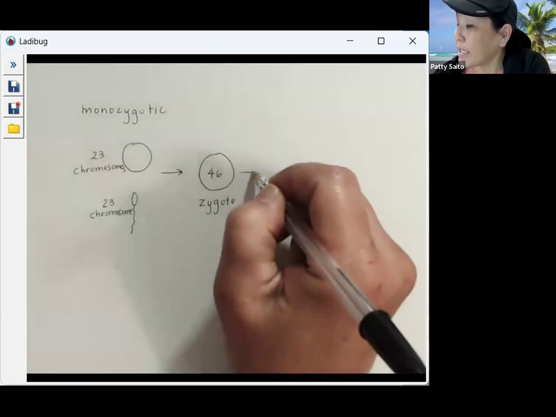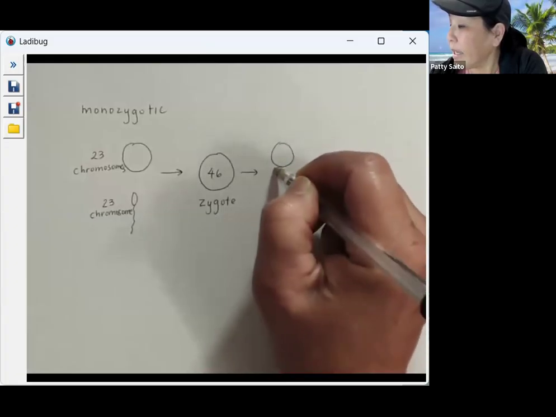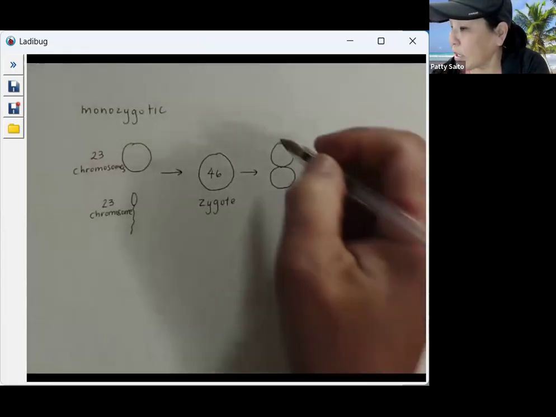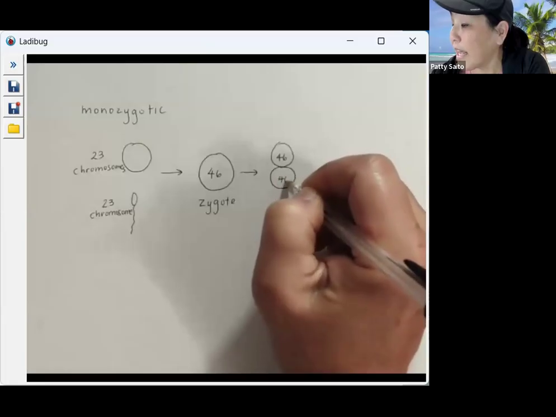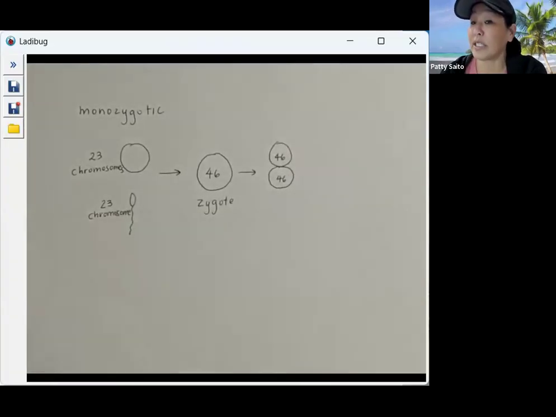Now, the process of mitosis is to divide the cells, specifically the nucleus. So each nucleus will have 46 chromosomes. That's through the process of mitosis. You make an extra copy of each chromosome, and then you separate those chromosomes so each one gets a full set.